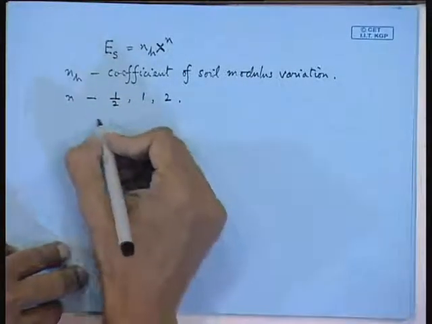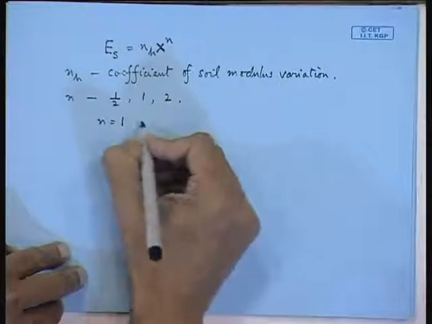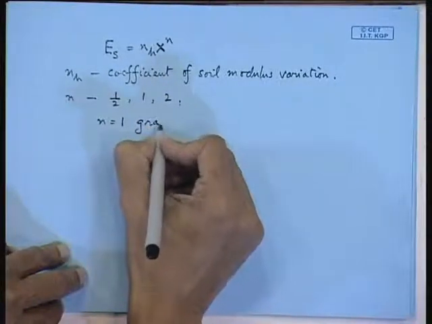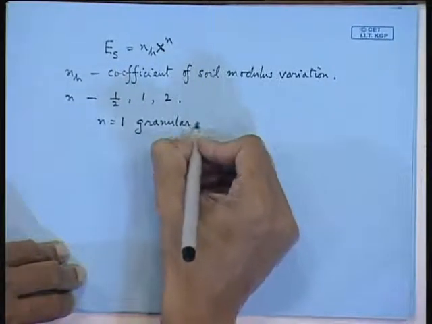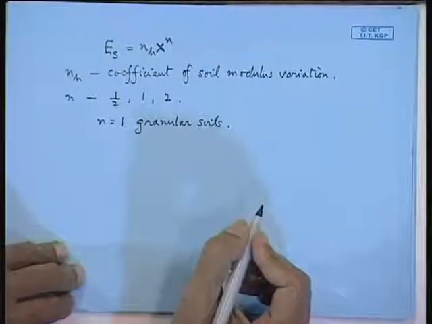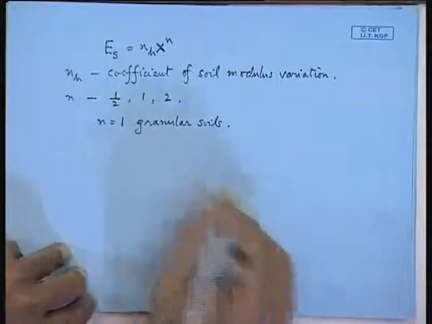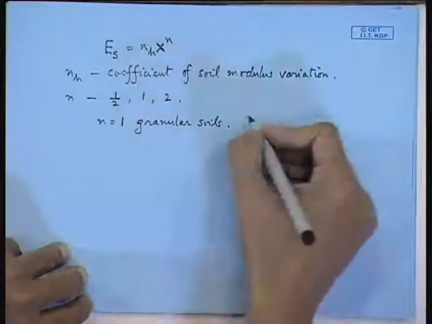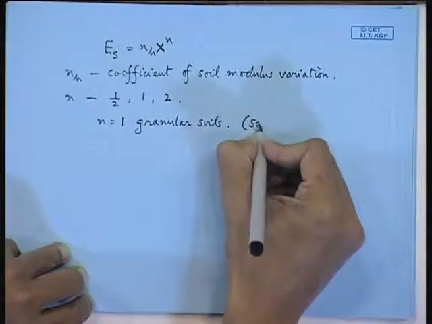Now, n equal to 1 is for granular soils. So, normally you take n equal to 1 for granular soils, which means sand.